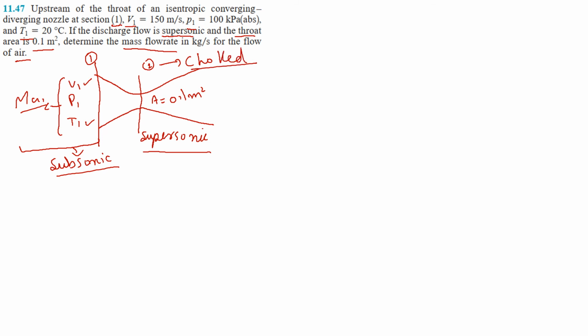The flow is choked, and the Mach number at section 1, as we know, is 0.43. Let's write it down. So now we are going to solve this problem by taking the values of section 1, and at section 2 we are going to use all the formulas that were given for the choked flow, in this case also for air.